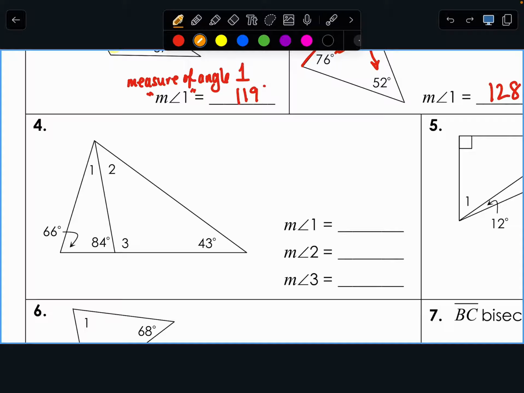I can't do anything with the right triangle, but the left triangle, I can say that angle 1 plus 66 plus 84 equals 180 degrees all the time. So we subtract and we get that angle 1 is 30. So this is 30 degrees.